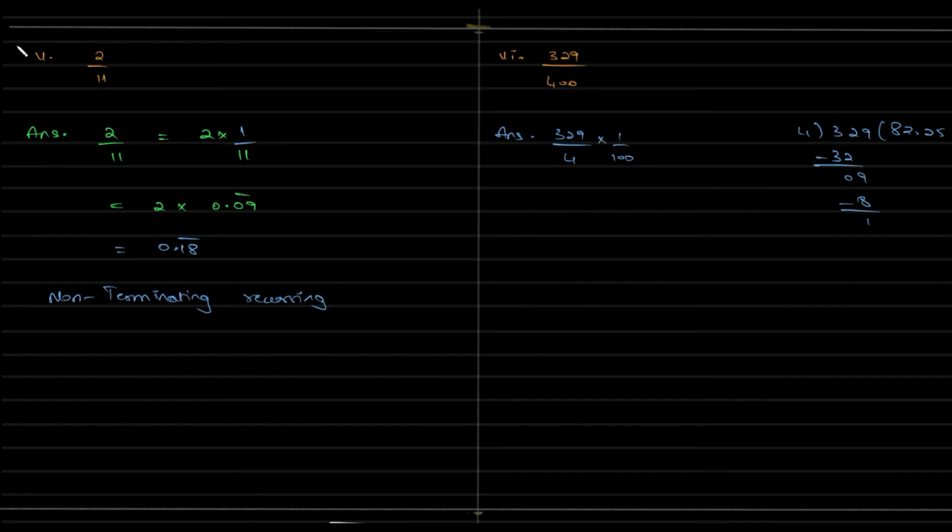Okay, this is what I have done. This ratio is 82.25 divided by 100. Is it not? And this is nothing but 0.8225. Decimal place, 2 zeros, 2 to the left. And then the conclusion is this is terminating.